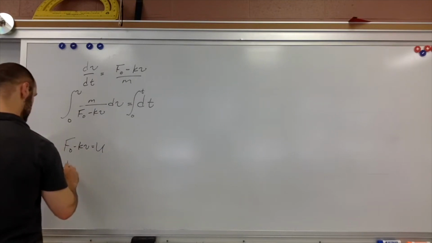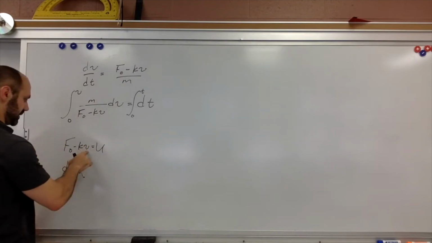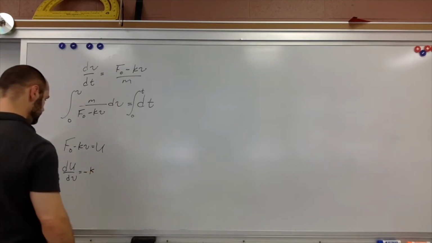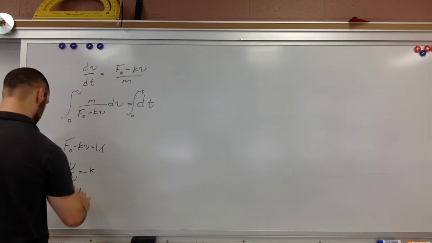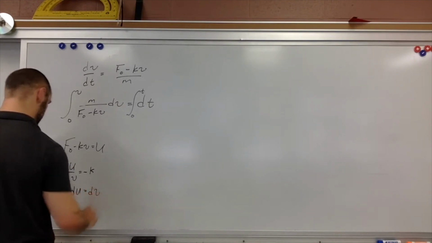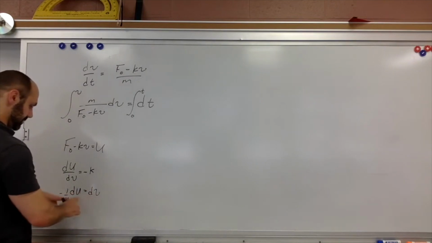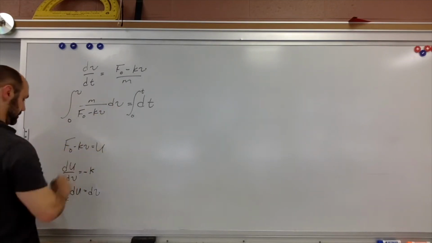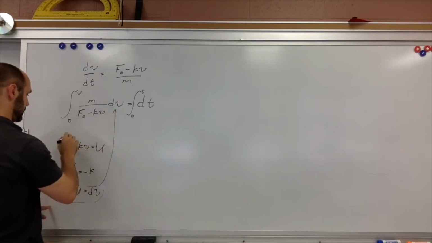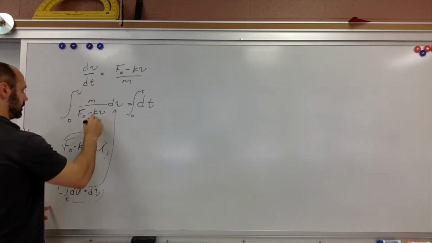So du dv, I take the derivative of this with respect to v, I end up with negative k. That means that du, or negative 1 over k du, is equal to dv. Now I can substitute this in for dv. Right? This will go in here, and this will go in here.